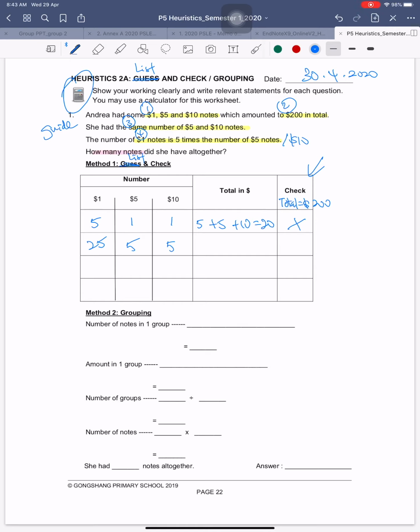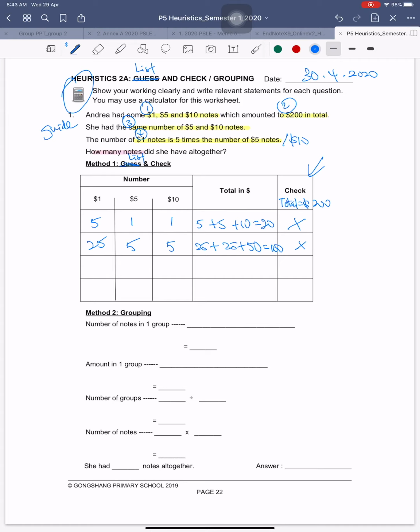The amount will be 25 times $1, which is $25. 5 times $5 is $25. And 5 times $10 is 50. So the answer is 100. It still cannot work because the total has to be 200.